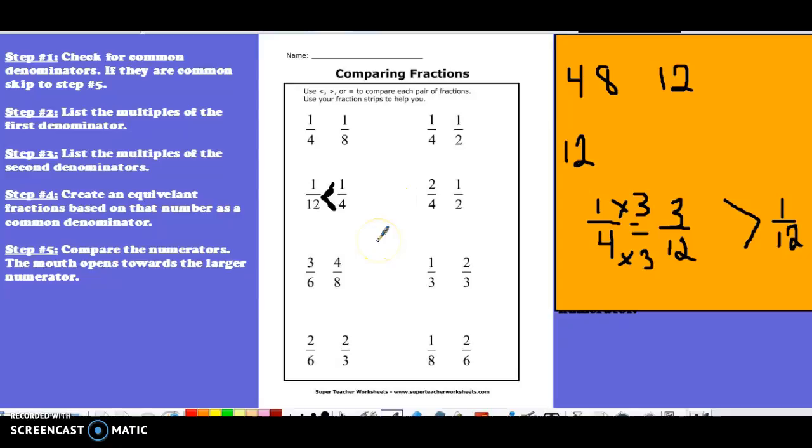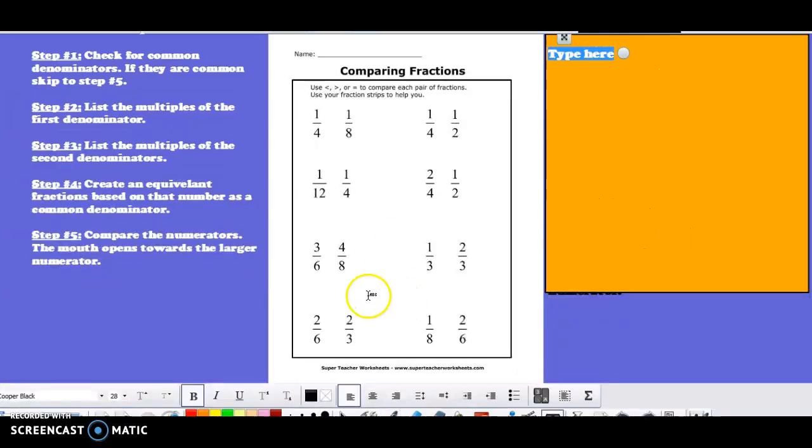Let's do one more example. Let's take a look at the third one on the page that shows me 3/6 compared to 4/8. I do not have common denominators, which means I need to list the multiples of the first denominator. In this case, my first denominator is 6. Let's sing the song. 6, 12, 18, 24, 30, 36.